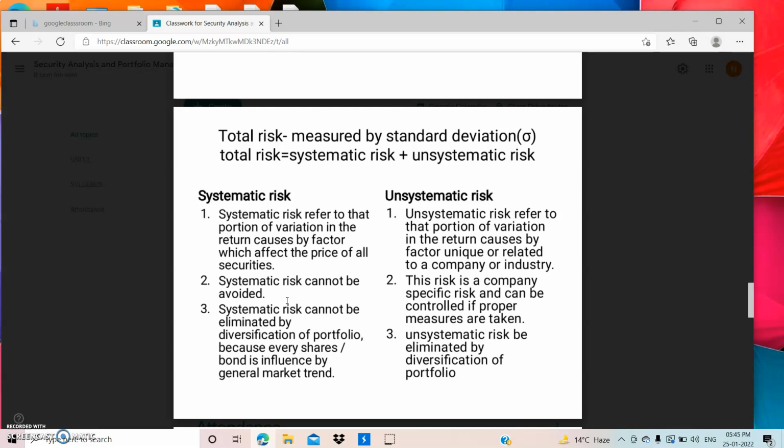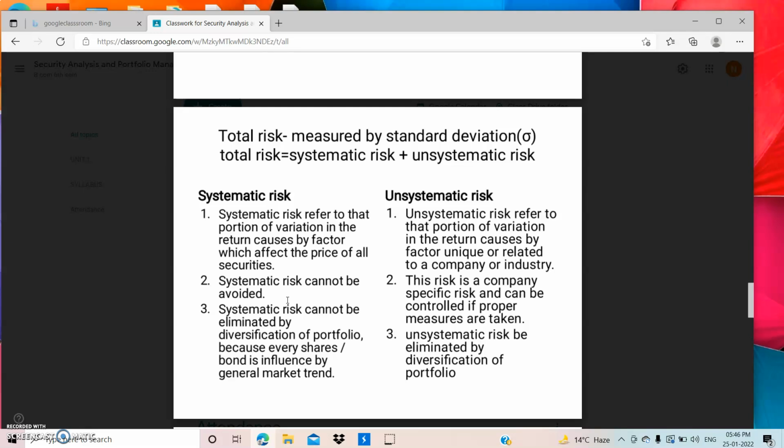Say, for example, the risks related to the coronavirus. The sudden outbreak of the coronavirus has brought a very big change in our economic system. It has affected various types of industry, not one particular industry, but various types of industries, whether it is the textile industry, aviation industry, hotel industry, various service industries.